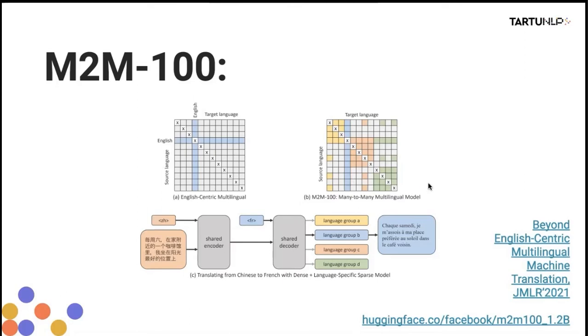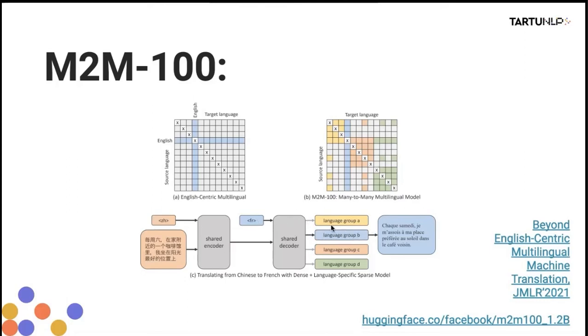They also experiment with adding language or language group specific parts into the model. So after some layers of the decoder, which are shared between all of the languages, some of the next layers are shared only between the languages of the same group. So here's language group B, which I would assume to be Romance languages, and French falls into there.